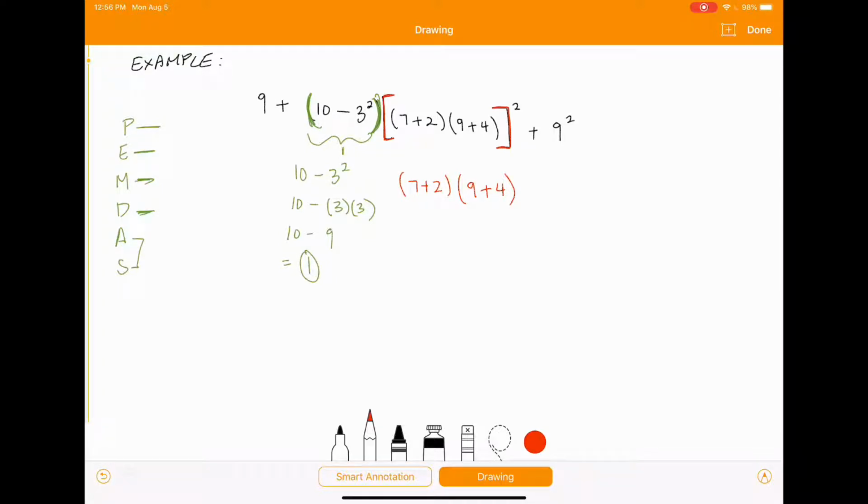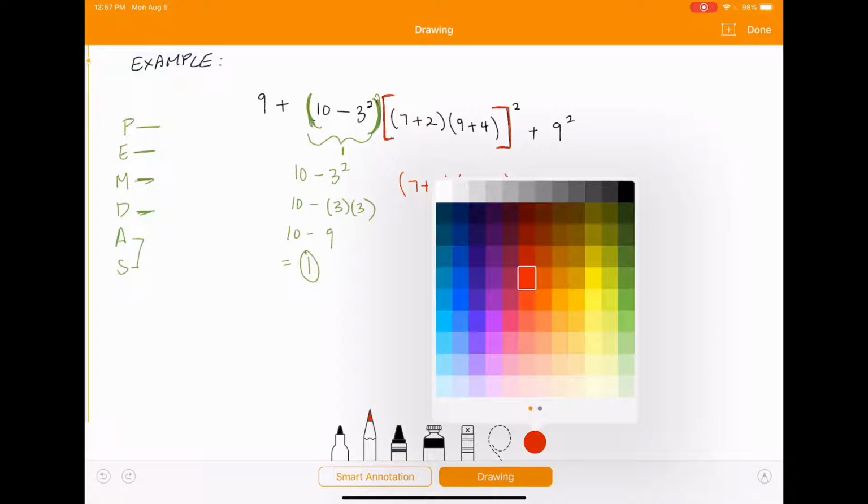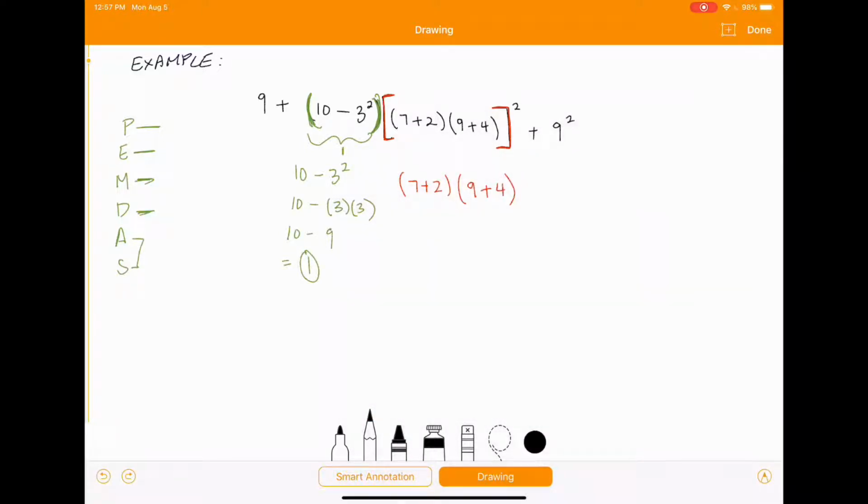So again, we're inside parentheses, so it gets its own set of order of operations. So we're going to start with parentheses. Here we've got two different sets of parentheses. So we're going to go ahead and start with this first one.